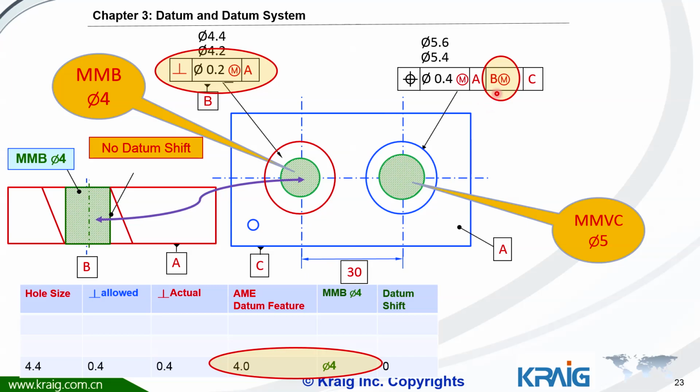So the datum shift will become 0. Again, as we said, datum shift will be decided by the actual perpendicularity of datum B. Okay, so this is one of the situations to explain which kind of factor will affect datum shift.